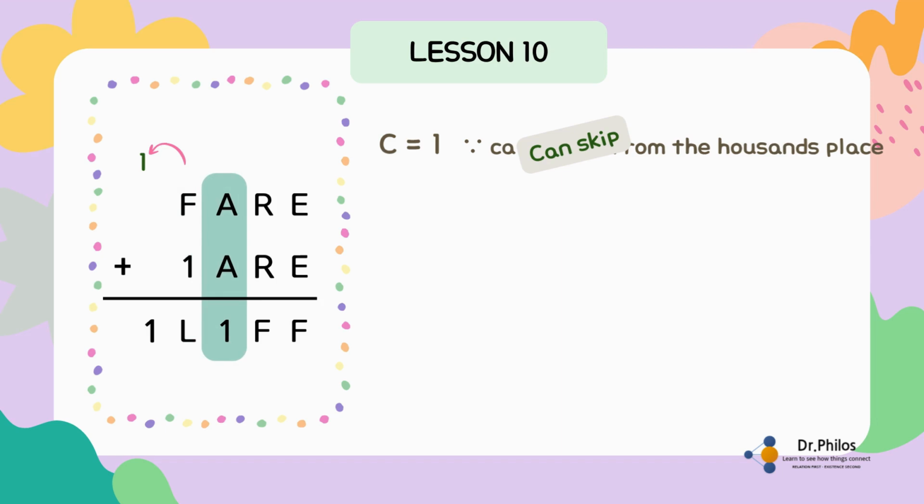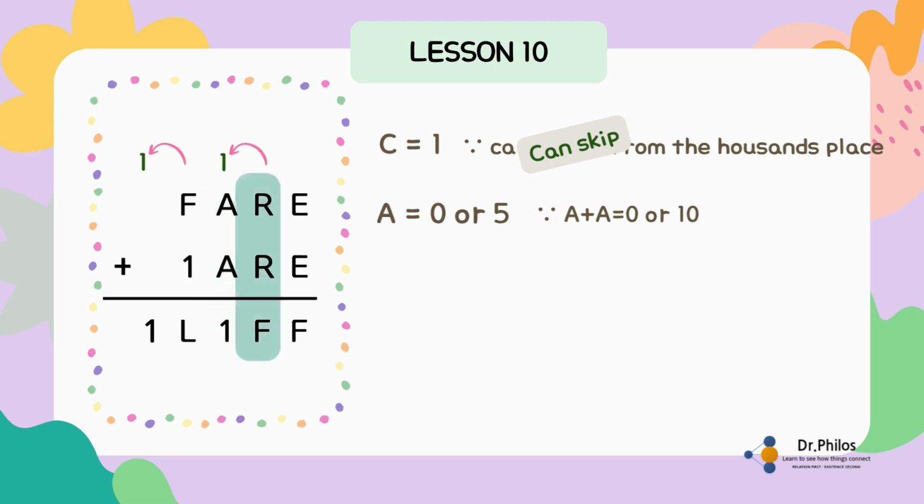Keep going! For the hundreds place, A is 0 or 5. We added the same 2 numbers, but the total has a 1. That means we got a carryover from the tens place. If we take away that 1, the ones place of A plus A is 0.